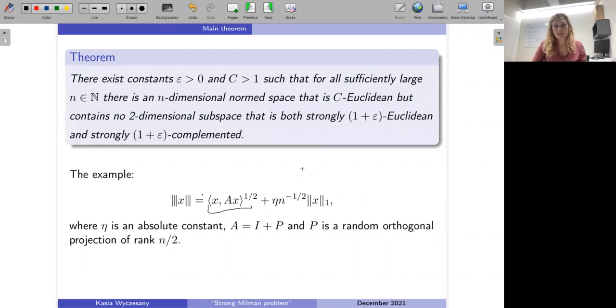But we work with this case because it's very nicely differentiable and it's in a nice space, and those epsilon good points are really nicely arranged, which we'll see what this does later. Okay, so this is our norm, and now I'll try to show you some elements of how one proves that this is indeed a counterexample.